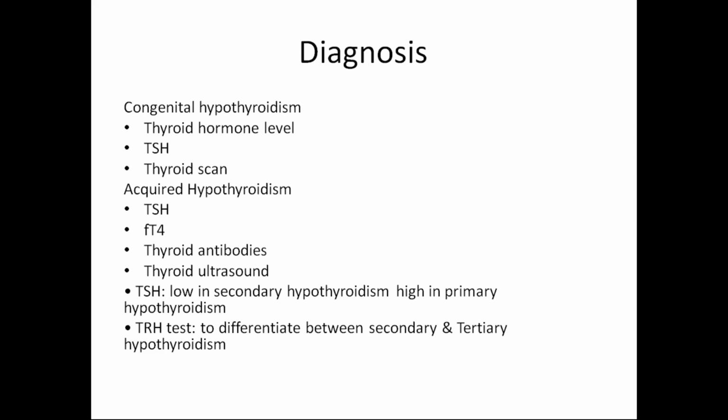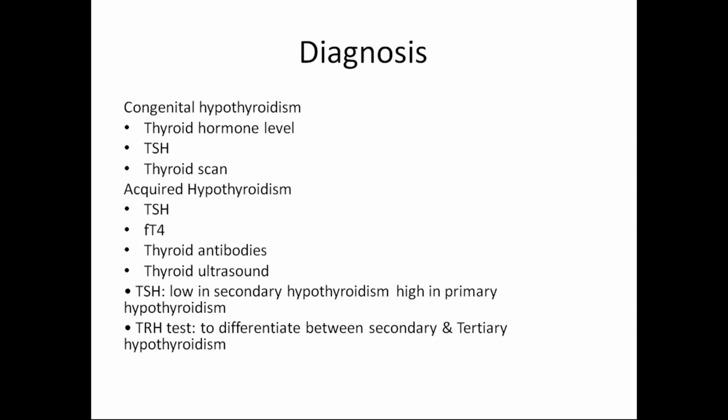Again, thyroid scan in case of congenital hypothyroidism is to identify whether the gland is present, or the gland is ectopic, or the gland is good and the production is defective. This is dysgenesis or dyshormonogenesis, whether the hormone is not getting produced properly, or the gland itself is not working. Okay, that is what your thyroid scan helps you with.